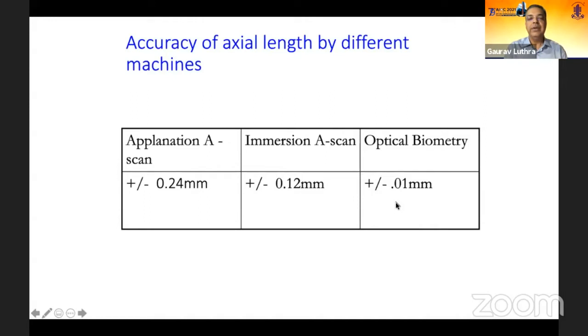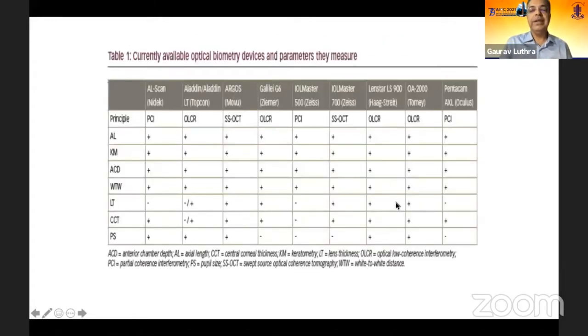So you can see that there are magnitudes of difference between the three, and that's why it's so important today to move to an optical biometer, not just because of the axial length, but because of the accuracy of measurement of all the parameters we spoke about, from the corneal thickness to the keratometries to the axis to the AC depth, because all of them go into the modern formulas. It's not just the axial length which you can get from the A scan.